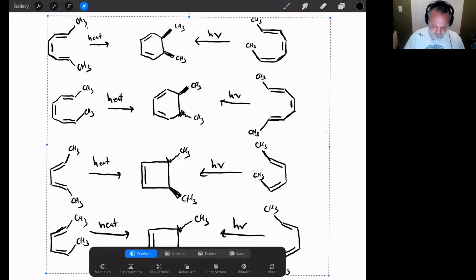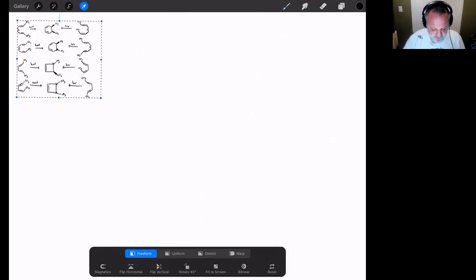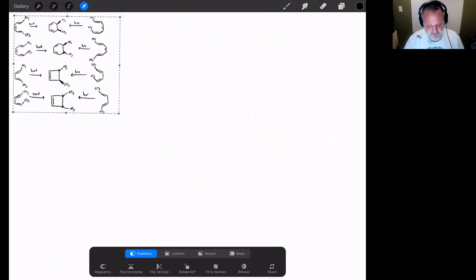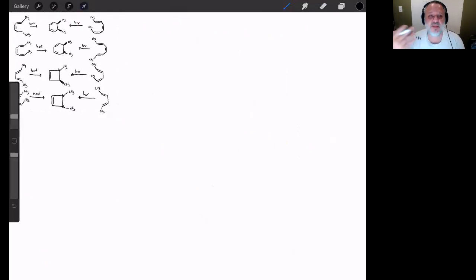But then at the end of the day, on the reaction board, we don't explain why. And so I'm going to put this in the corner and keep it expanded a little bit so that we can still see what's going on. And I want to go back to the molecular orbital theory and explain why. How can we use molecular orbital theory to explain what's going on? And so what I want to do is switch back to a different projection.